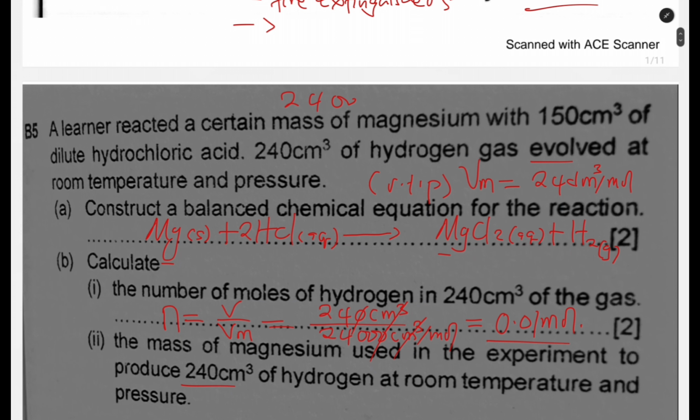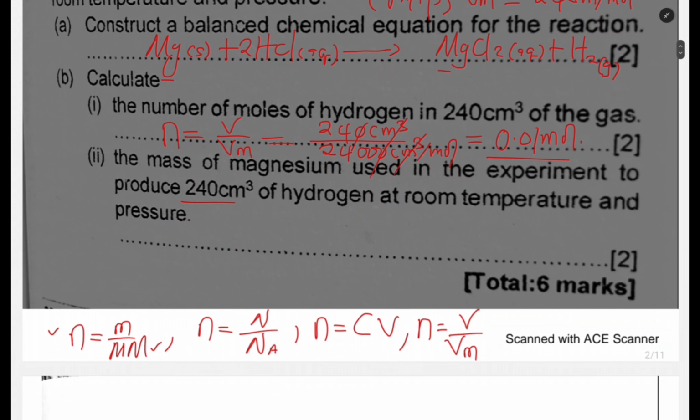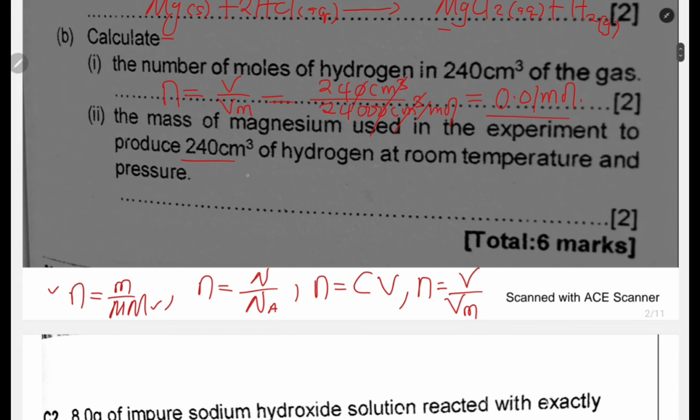We do not have any information for magnesium. Elena reacted a certain mass of magnesium with 150 cubic centimeter of dilute hydrochloric acid. So to find the number of moles, we are going to form the ratio of magnesium to hydrogen, since they are talking of hydrogen as the one that was produced.